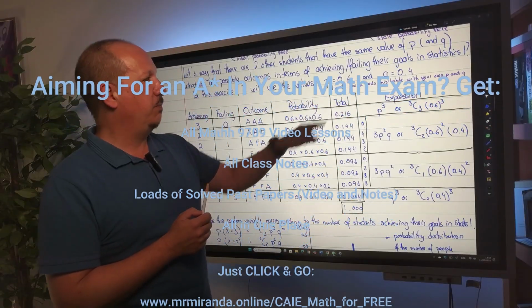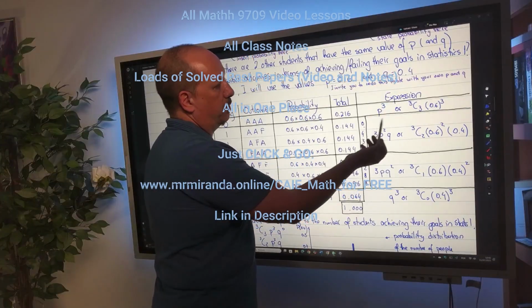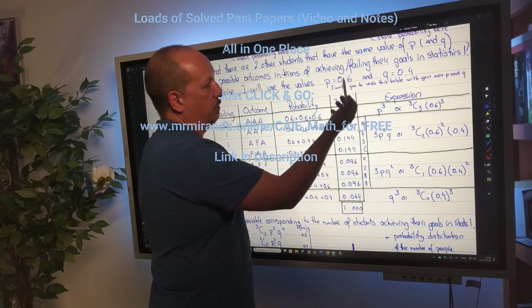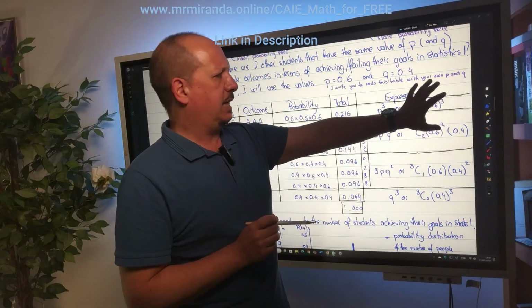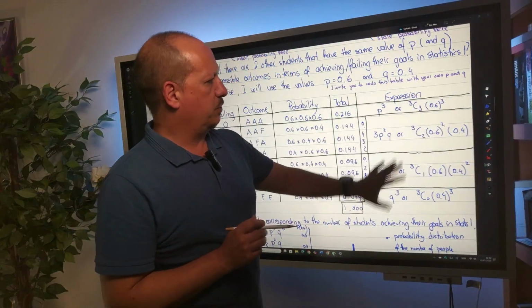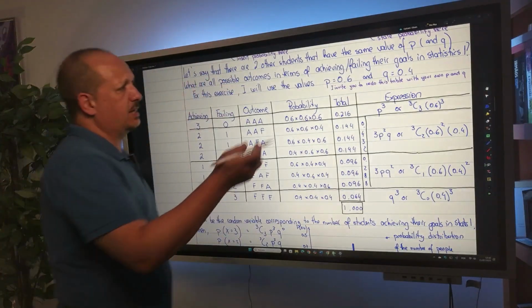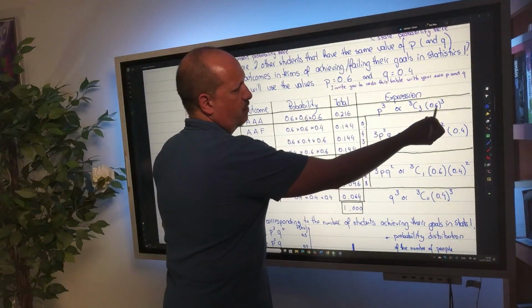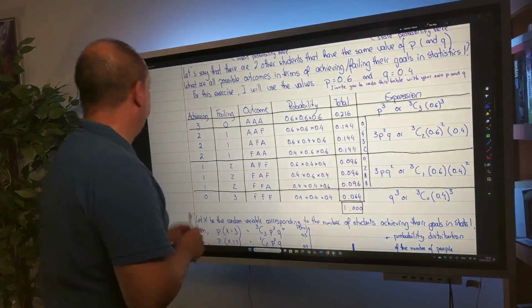So basically, in terms of notation, this would be the probability P, which is 0.6 cubed. Let me go over this part over here, and then I explain this. But basically, this is 0.6 cubed, and I'll talk about this combination at the end.